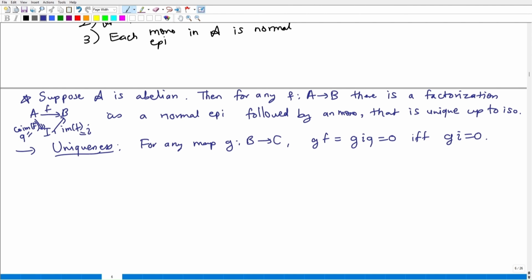We are assuming that we have such a factorization where Q is an epimorphism, so you can cancel it from both sides. So GIQ is equal to 0 if and only if GI is equal to 0, which means GF is equal to 0 if and only if GI is equal to 0. I gave you a proof of the statement that I wrote above. So therefore, co-kernel of F is isomorphic to co-kernel of I.